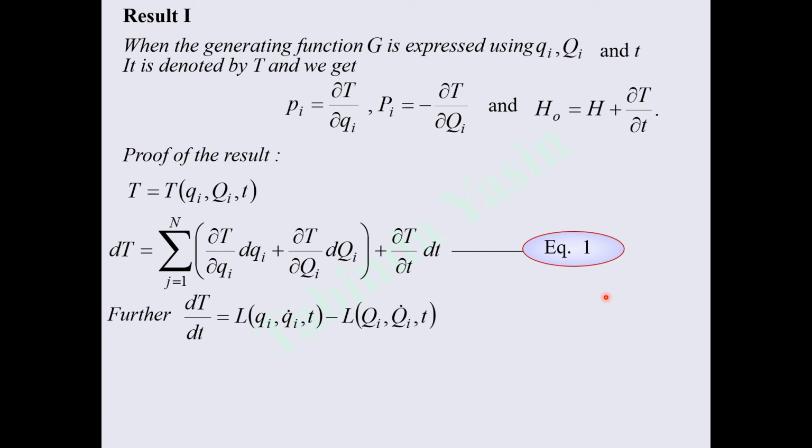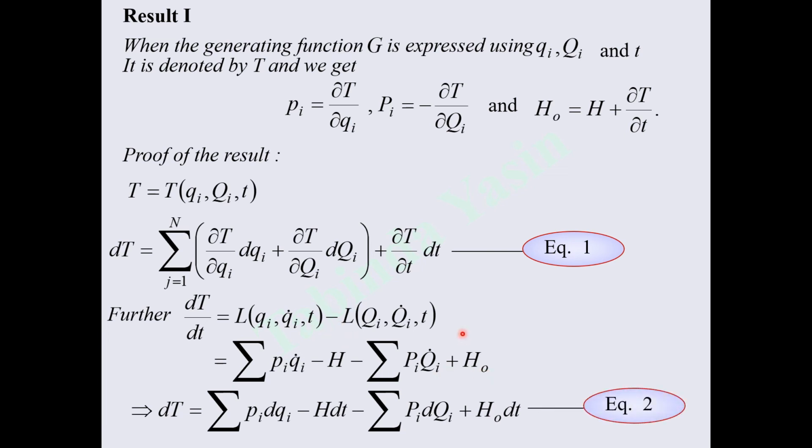Further, dT by dt is equal to L of qi, qi dot, t minus capital L of capital Qi, capital Qi dot, t, that is summation pi qi dot minus H, minus the new function, the Lagrangian for the new variables, that will become summation Pi Qi dot plus H naught.